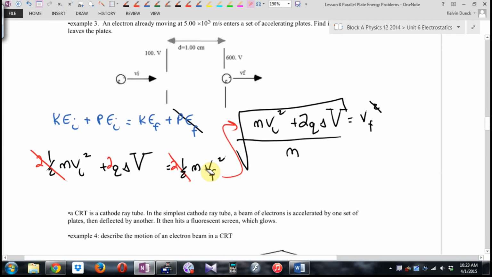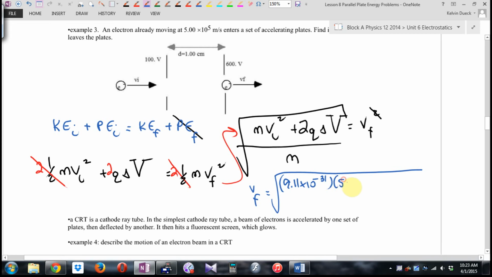So now we should have kind of, I think, vaguely plug and chug. V should be... M. It's an electron. Was it negative 31? V, what'd they say? 5 times 10 to the 5th squared, plus 2.